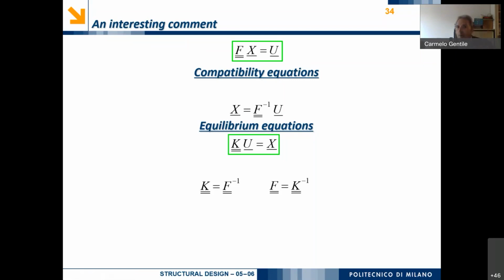And so this also tells us that it is possible to formulate something which is in a certain sense very similar to the force method, in which some equilibrium equations are enforced.